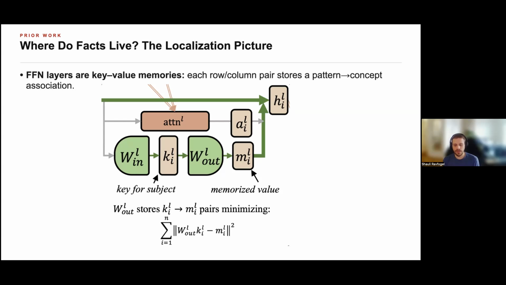It's common to think about the feed-forward network as a kind of key-value memory map, where if we have some key that tries to retrieve some information, like Marie Curie was born in, we get some query vector in the middle layer of the MLP, and the second layer of the MLP retrieves the particular answer for this query from the parametric knowledge that is stored in the parameters of the language model.